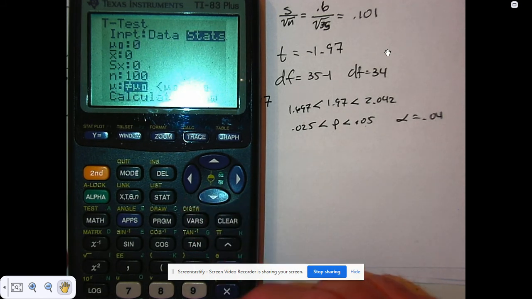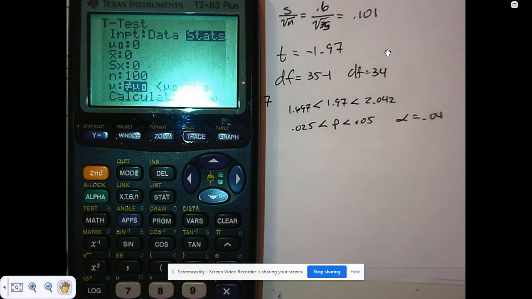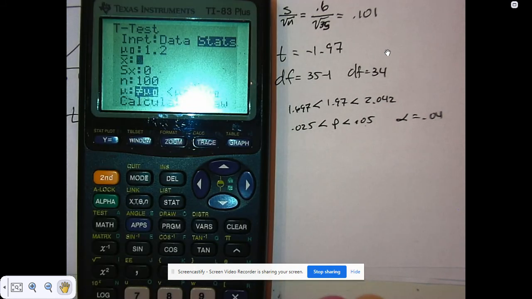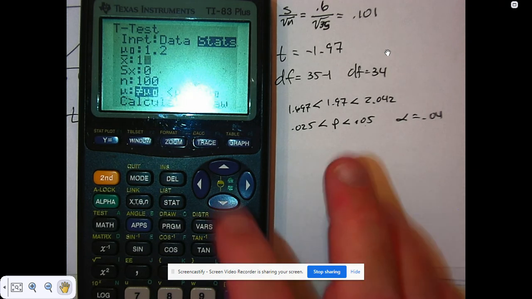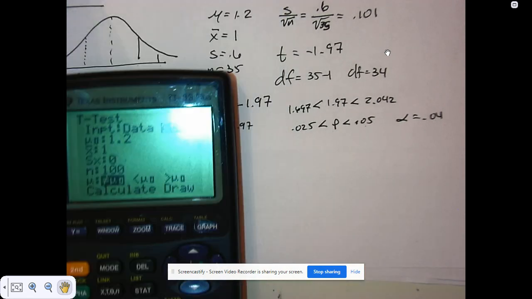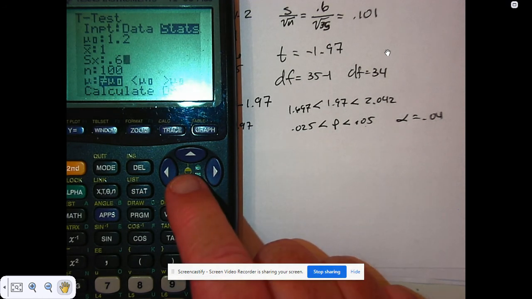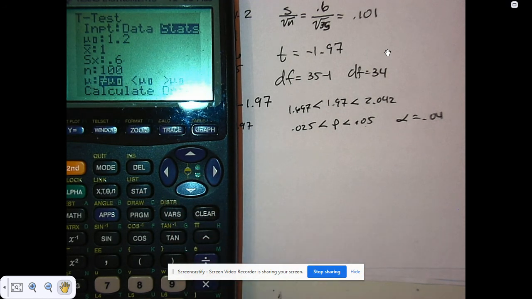So my hypothetical mean is 1.2. My x-bar, got that as well, that's 1. My sample standard deviation is 0.6. My sample size is 35.